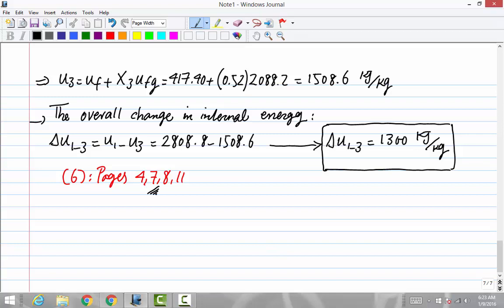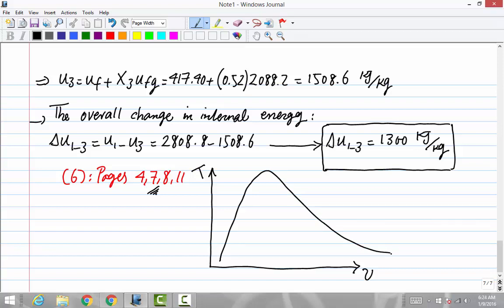So here's my T axis, and here's my little v axis, and the saturated line is this shape, right? Under the curve I'm at a saturated liquid-vapor mixture, on the left it's subcooled, and on the very right it's superheated, right?